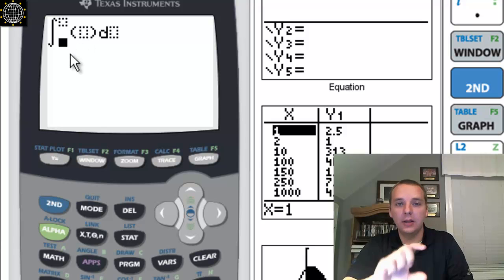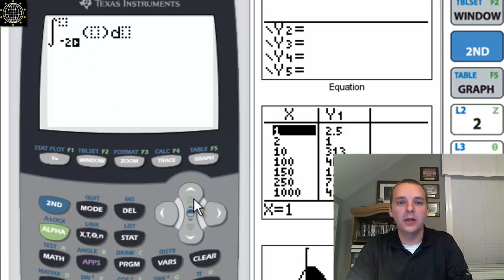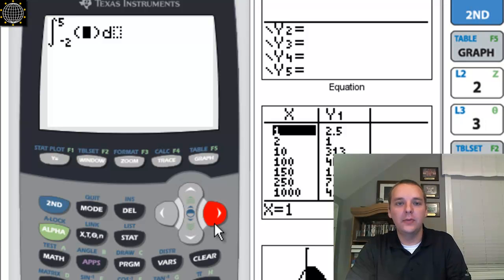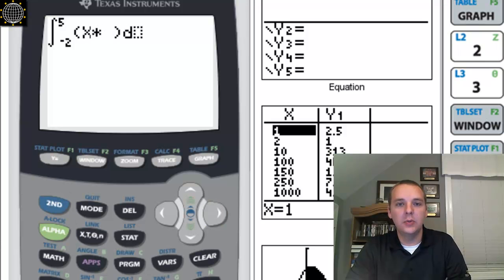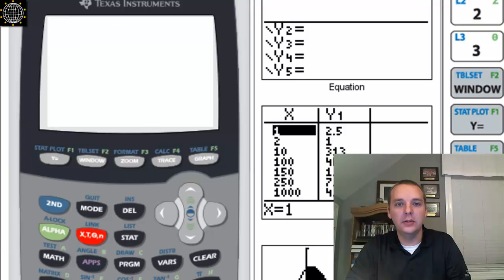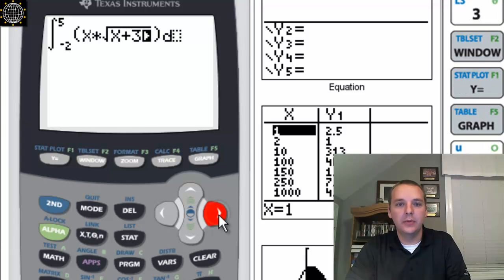Here, since they show it symbolically, it's pretty clear. You just type it in. So -2 to 5, and the function, I believe, was x times the square root of x plus 3. At least I hope it was. Then don't forget to put your variable of integration at the end.